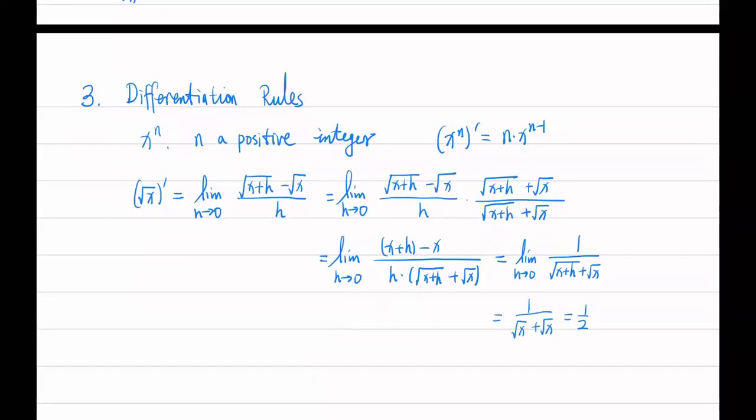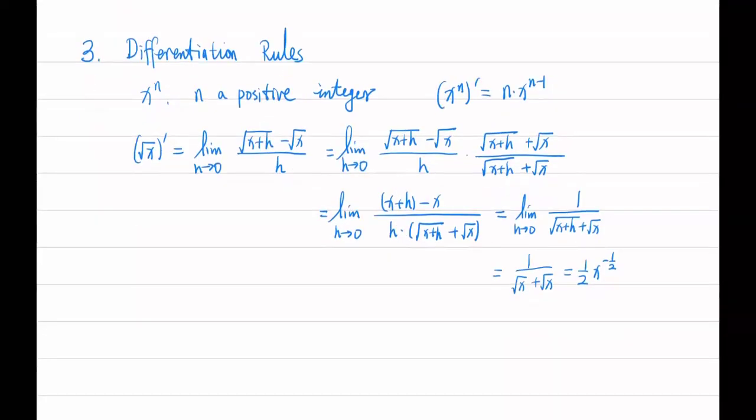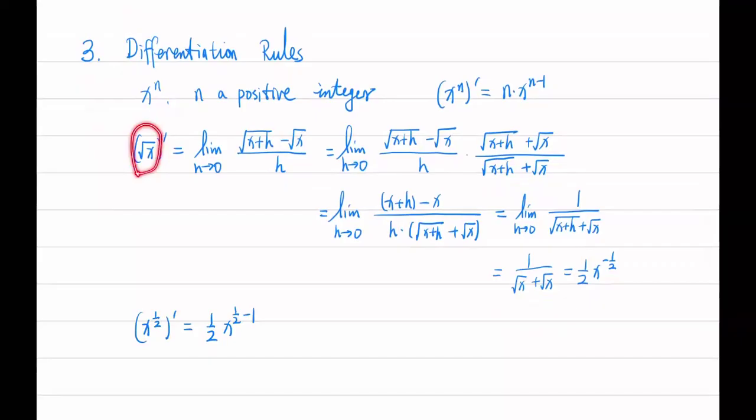So instead of using the square root, I use the negative power. So now we can compare this derivative with the formula. The formula, so now x to the 1/2, the derivative is 1/2 x to the 1/2 minus 1. So the derivative of the square root is this, and this can be rewritten in this form.